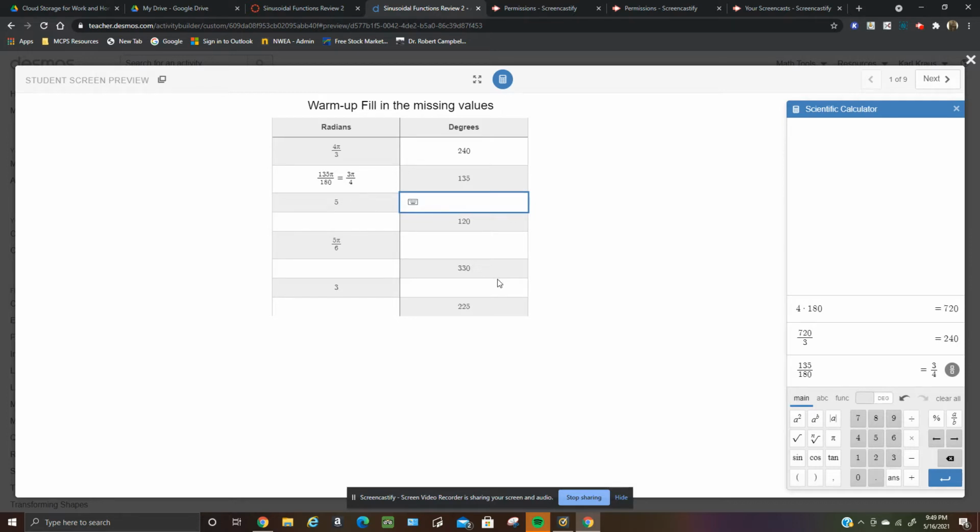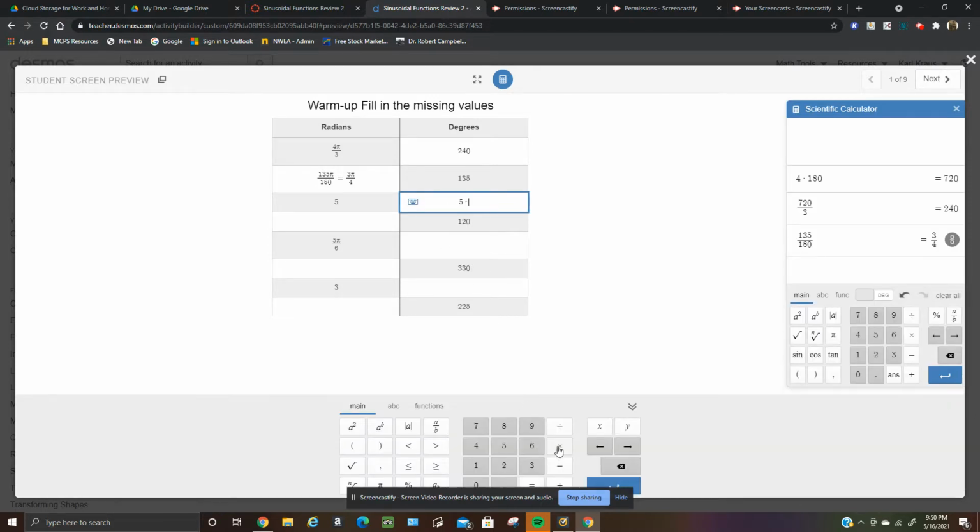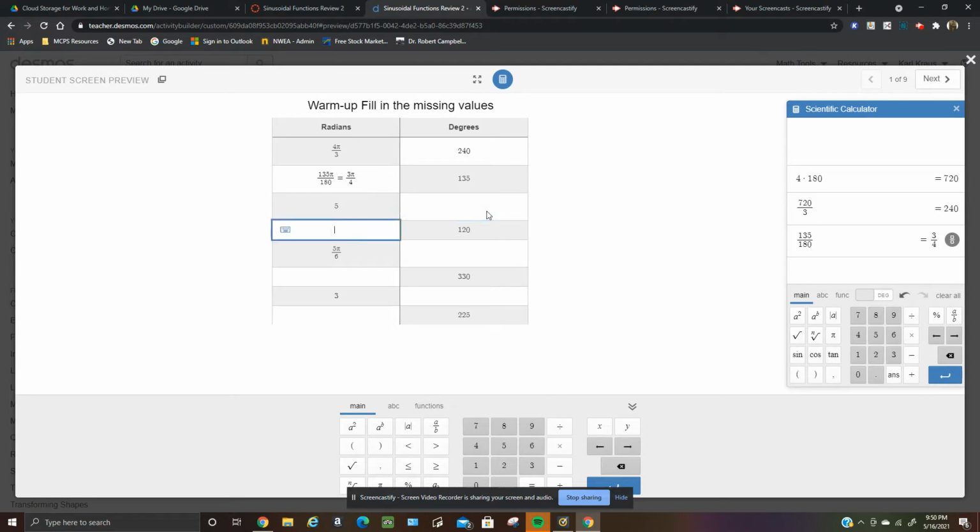And then 5 times 180 over pi, so we just go in here, since this is a math input box, and then just hit enter after that.